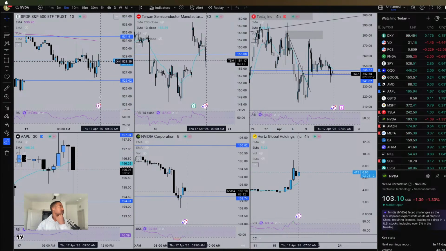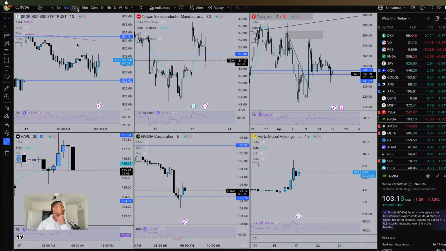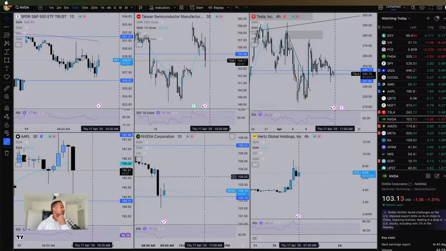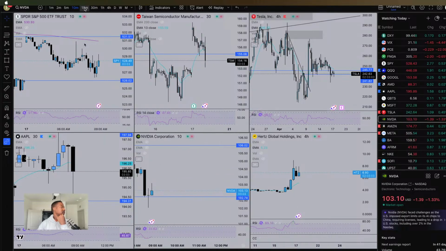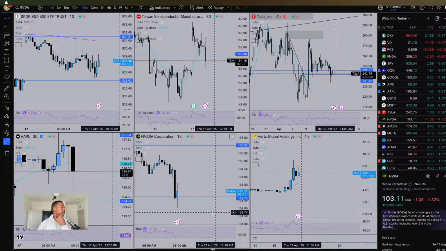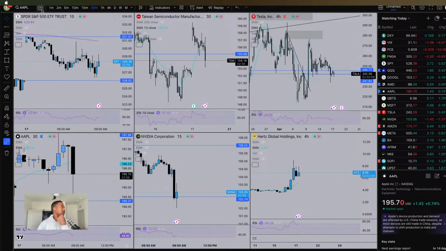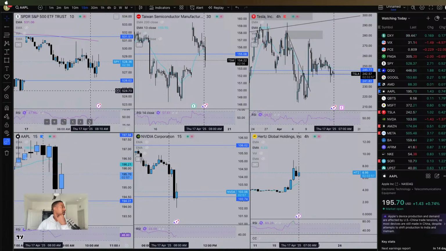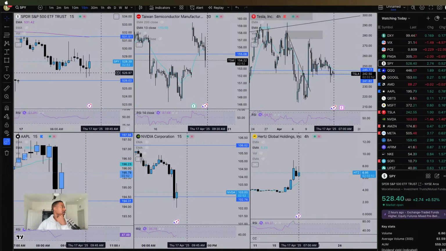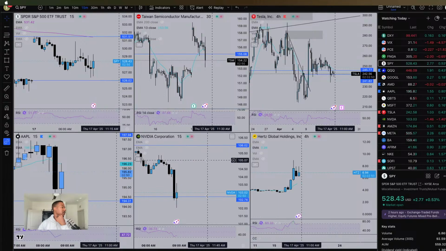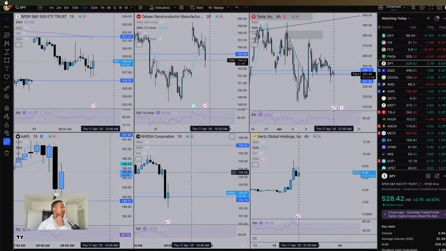Yeah, we're very choppy right now. Let's see how this, wait, let's go to a 15. Yeah, they're playing games today. I don't like this price action.